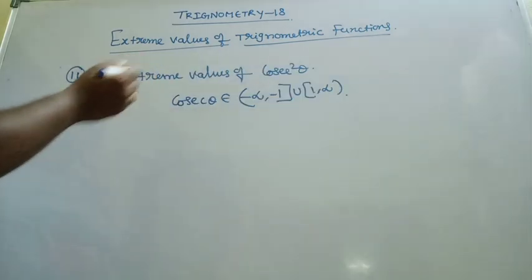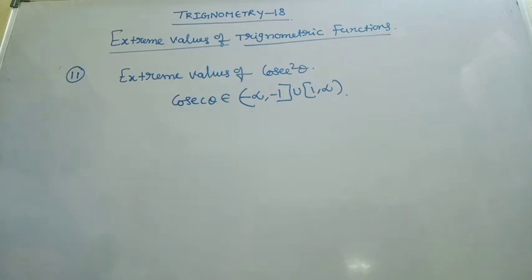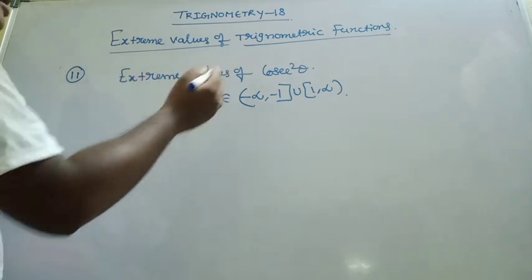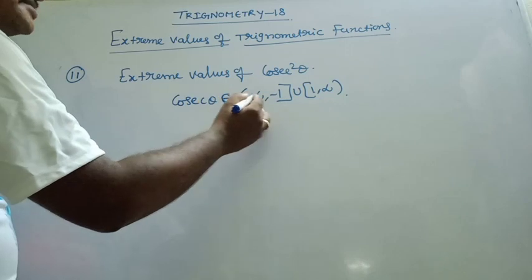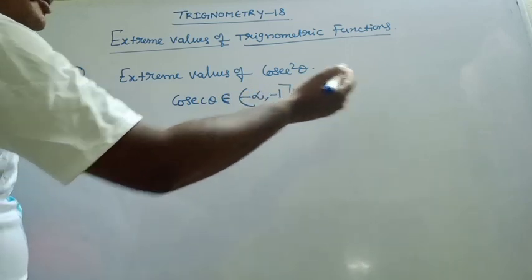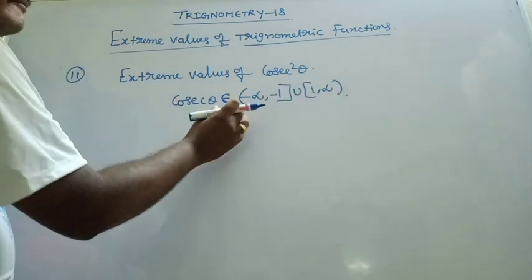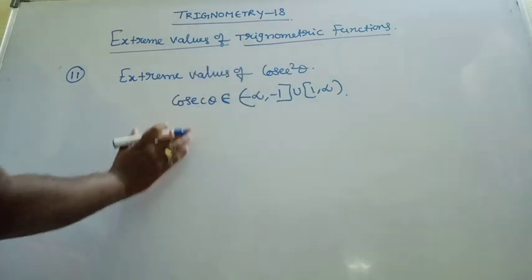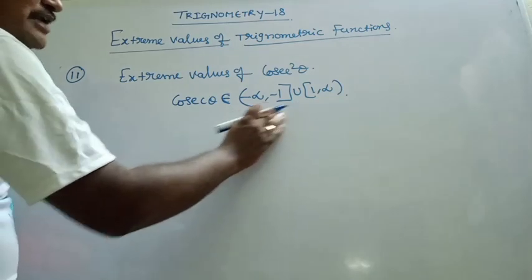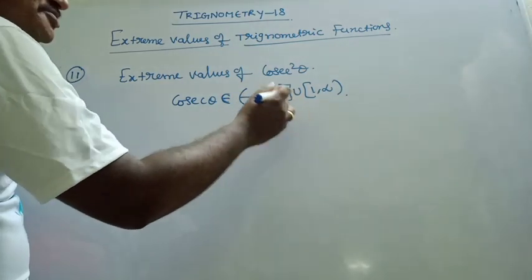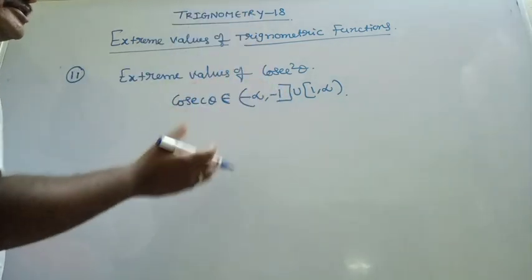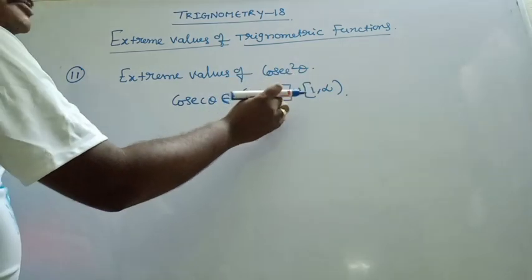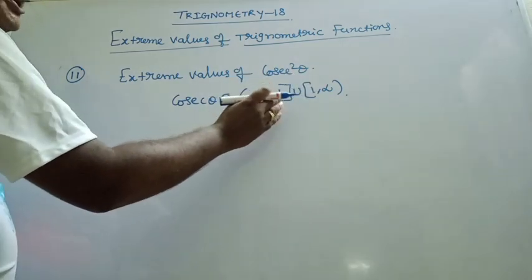Now, the extreme values of cosecant square theta, when we are discussing here, my dear students, cosecant theta belongs to minus infinity to minus 1 union 1 to infinity. When you square this cosecant theta, that means cosecant square theta, all these negative values, minus infinity to minus 1, will be transformed into positive, and minus 1 square is the least value you are going to have.